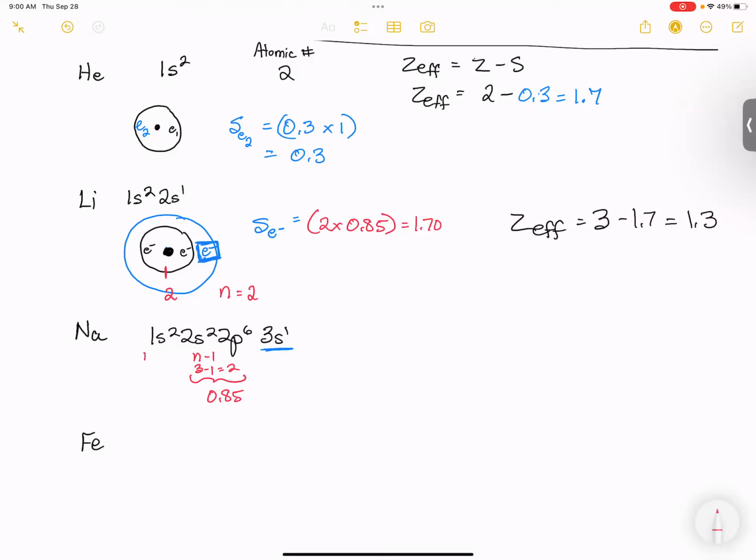Over here, this is in the N-2, because 3 minus 2 is equal to 1. And therefore, these are going to cause an entire one impact.